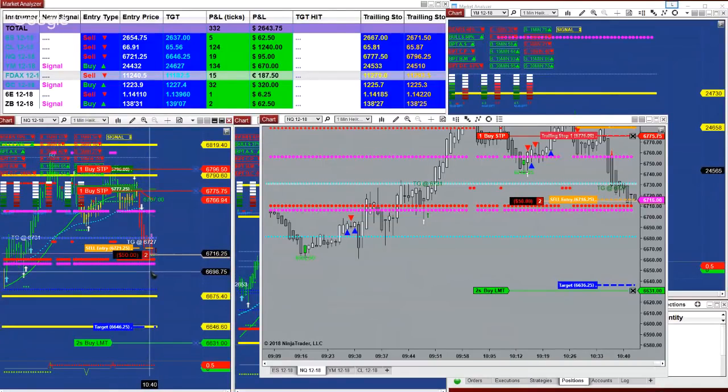And now we have the ES, and this double support, I don't like it. It's struggling. So put a limited short at 703 or 702.50, sell, limited order.